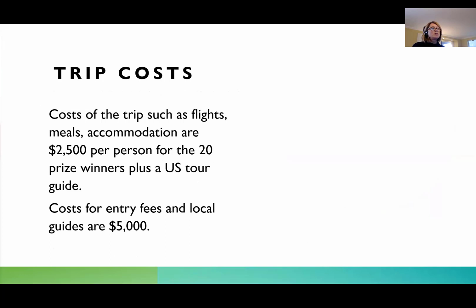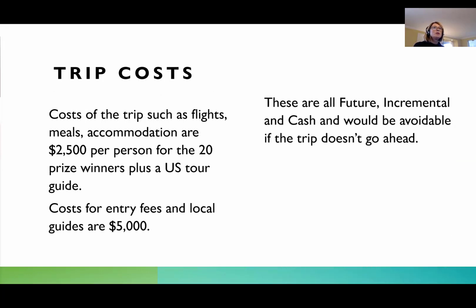Future, incremental, and cash. Are all of those future, incremental, and cash in pricing up the trip? Yeah, they are, because we'd avoid them if the trip didn't go ahead. That's the point. We wouldn't have to pay out for flights, meals, and accommodation if we don't do this trip.